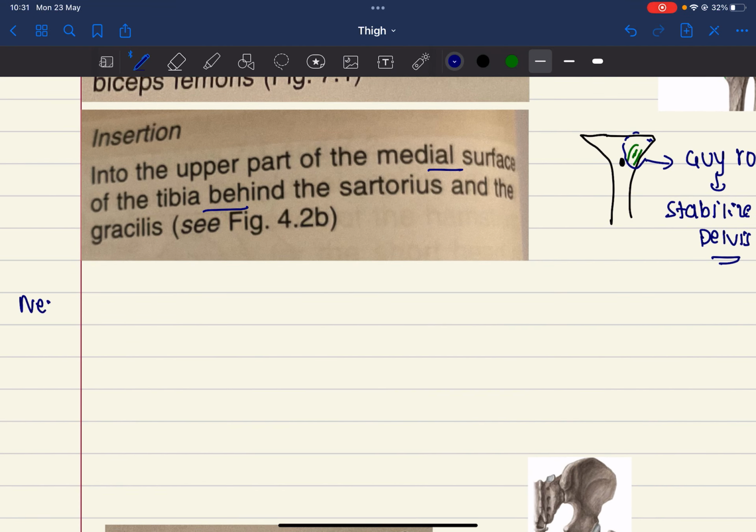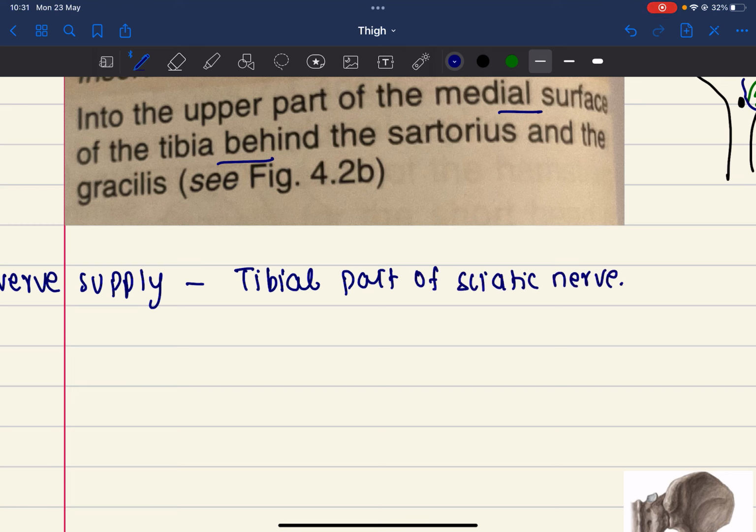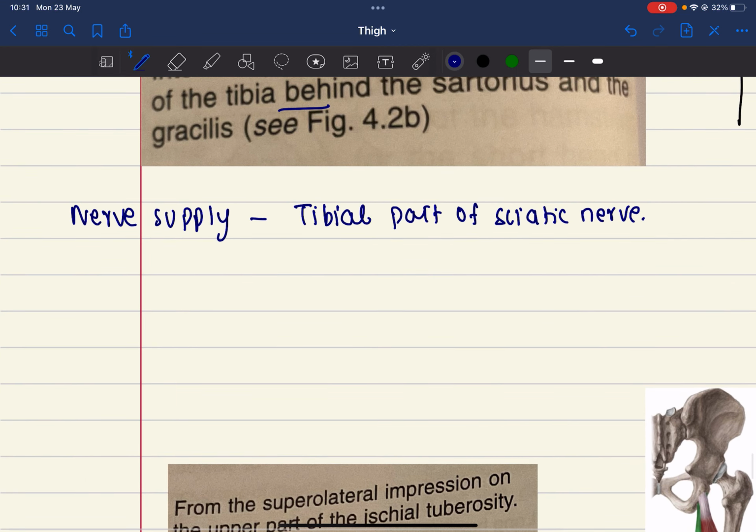यसको nerve supply हेर्ने भने nerve supply it is via the tibial part of sciatic nerve. हामीले माथि नै मेन्सन गरिसक्यौं सबै hamstring muscle को it is by the tibial part of sciatic nerve. र यसको action पनि भनिसक्यौं हामीले.